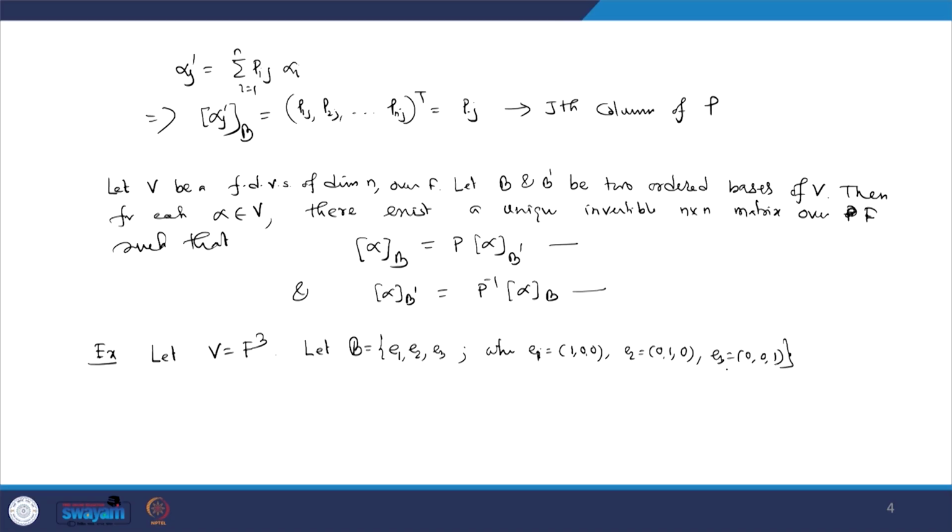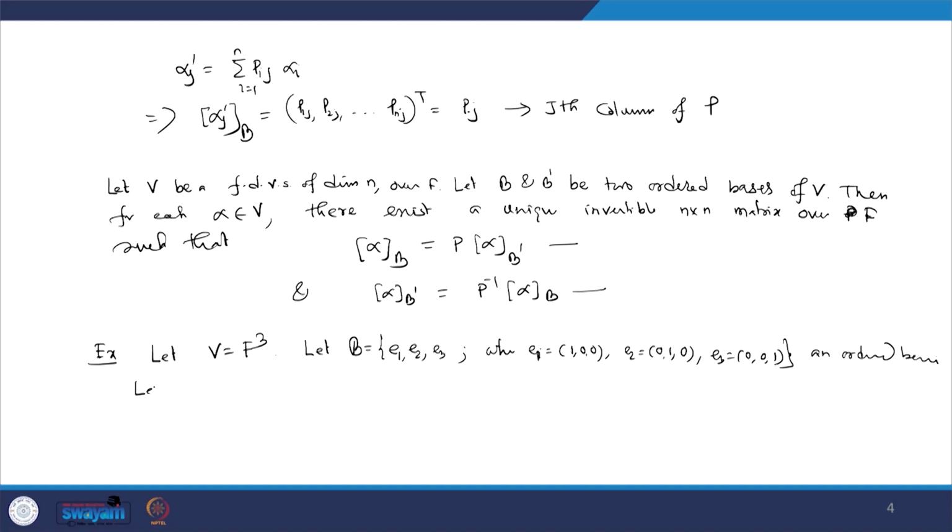So, I have taken the standard basis for F^3. Since I am saying that the first element is E1, second E2, third E3, I am also saying this is an ordered basis.